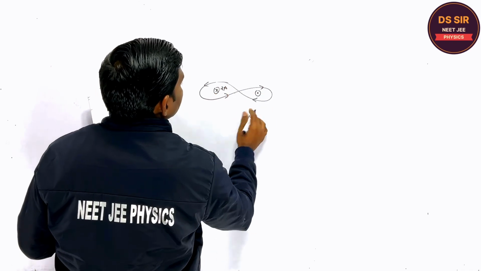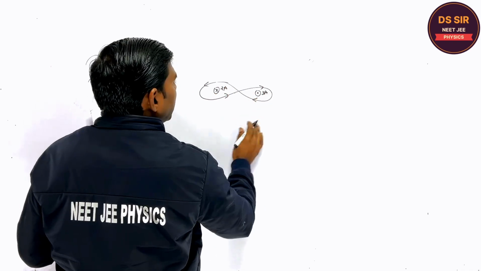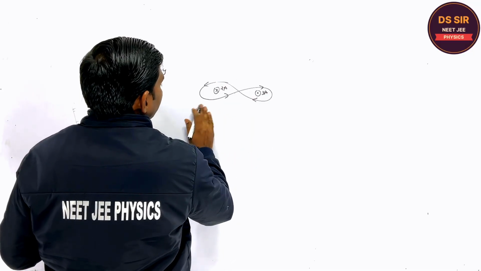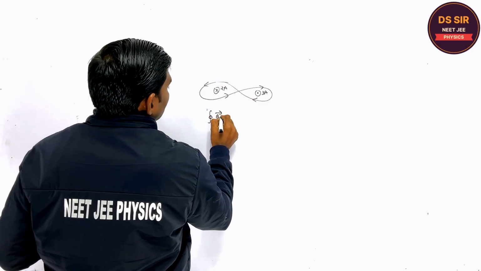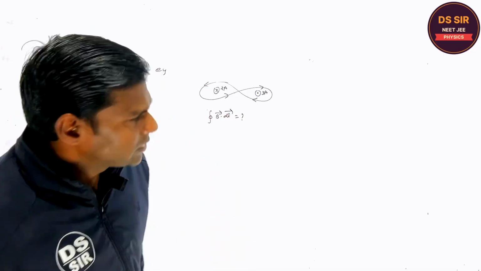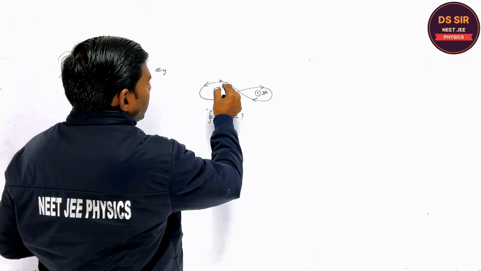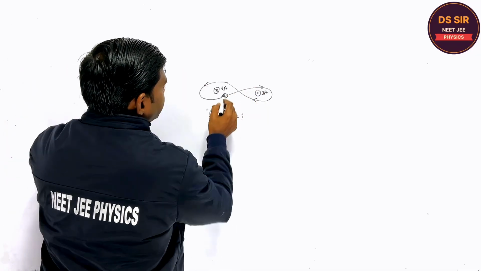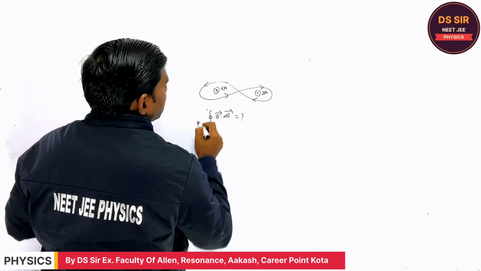This is the 2 ampere, this is the 3 ampere. So this is the orientation of the loop. Find B dot dl. To find the B dot dl, listen to one thing. If this is the loop, you may consider this is the loop.